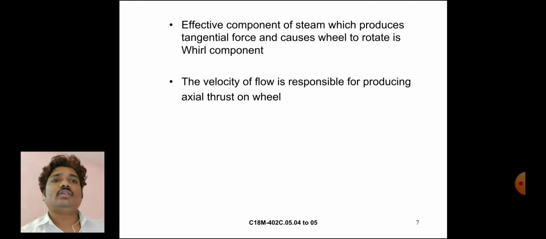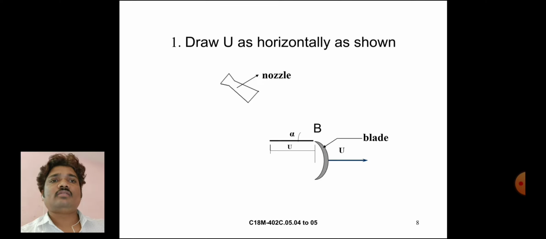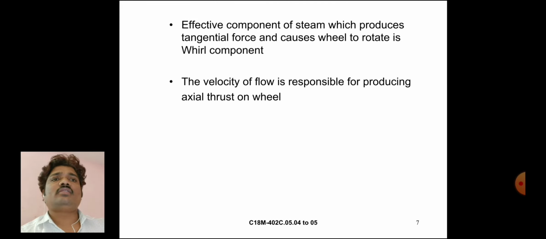The velocity of flow is responsible for producing axial thrust on the wheel, as shown in this figure.